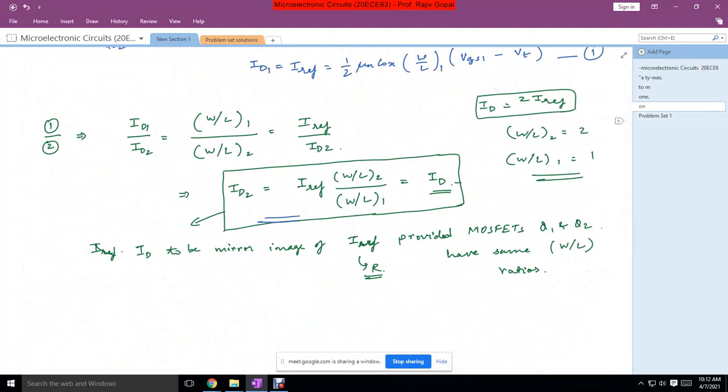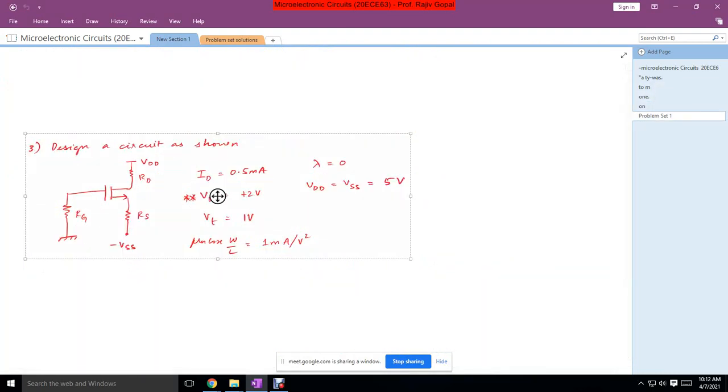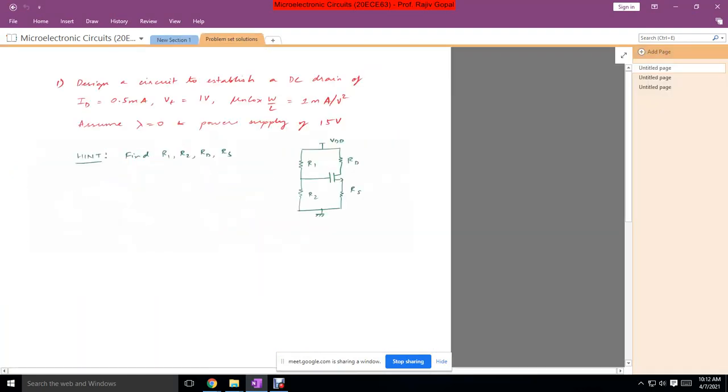The next topic we look at is small signal analysis. We'll actually have to draw the small signal model, but I don't want to do that now. So what we'll do is solve a few problems. These problems I have already posted in your Google Classroom.